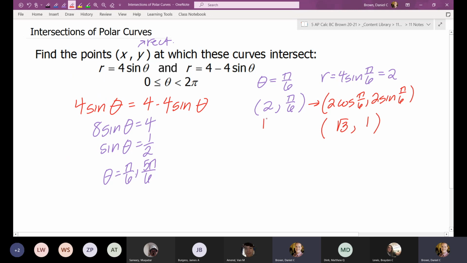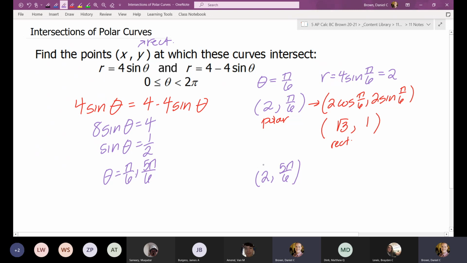So I have the polar version of the coordinate, which is sometimes used for us. I also have the rectangular coordinate, which is more familiar, but also can be useful in some other contexts as well. And then I can repeat that for the other point. Hopefully you can see it's just going to be the same value in the second quadrant.